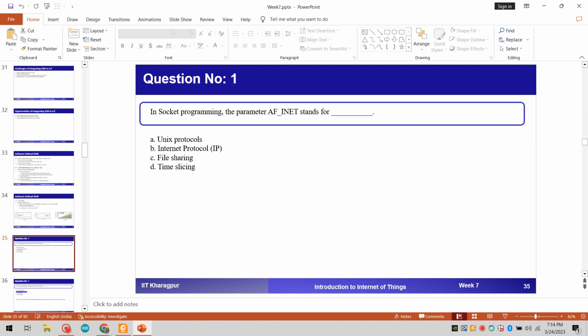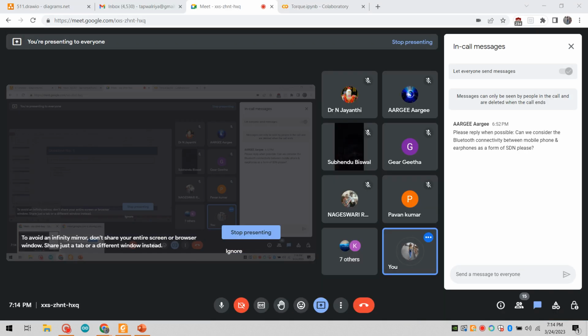The first question is: in socket programming, the parameter AF_INET stands for Unix protocol, internet protocol, file sharing, or time slicing. Someone has replied internet protocol. I want answers from others also. At least write in the chat box.